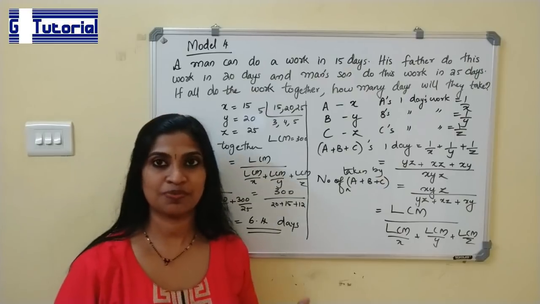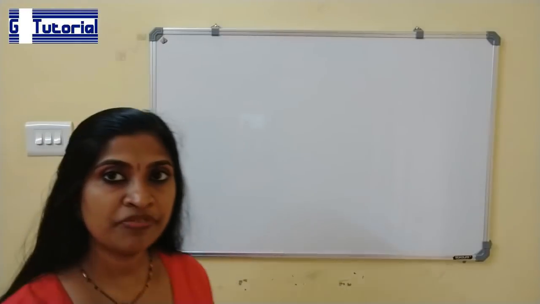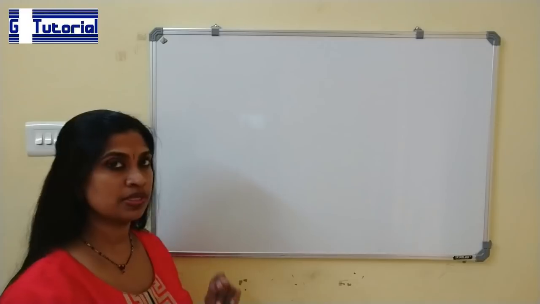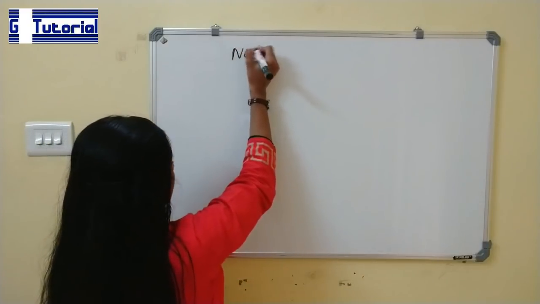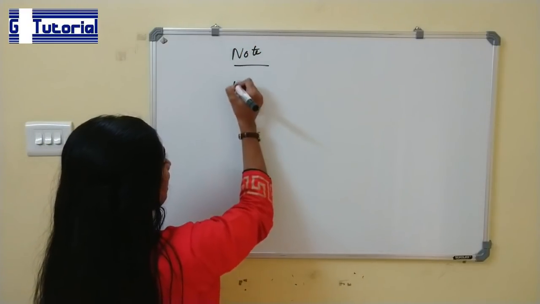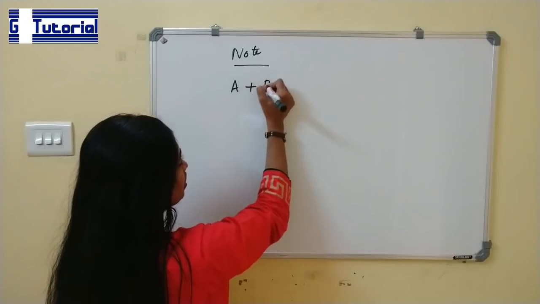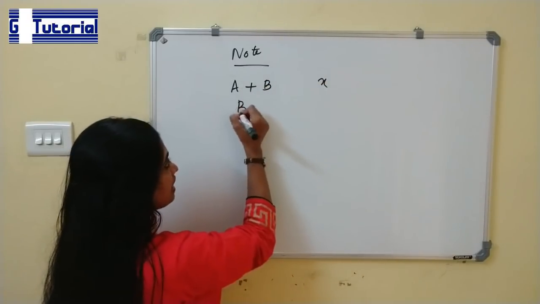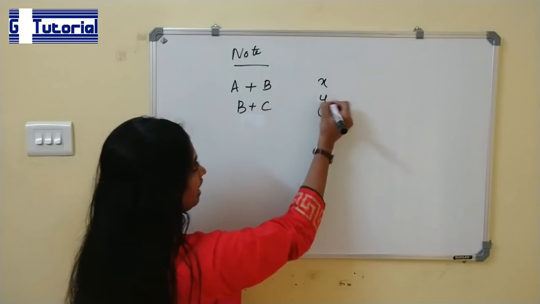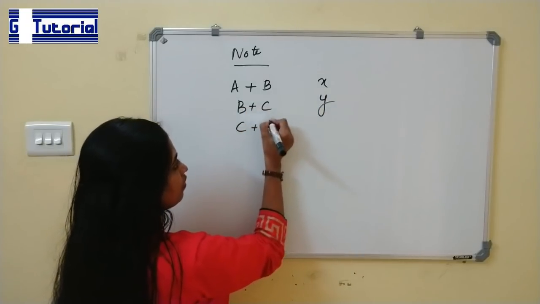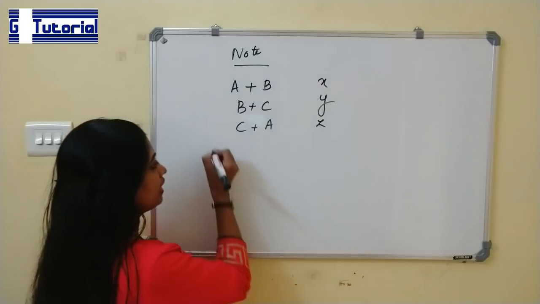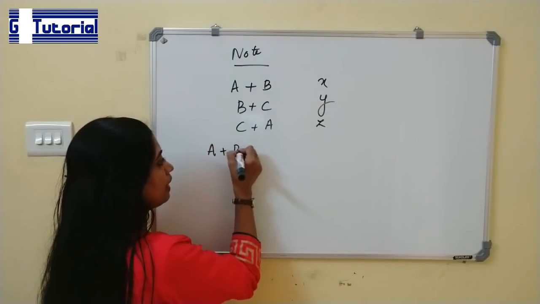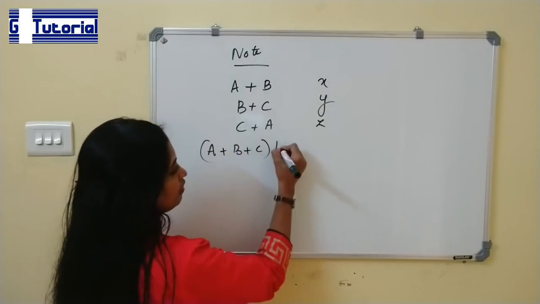Now we can do the next problem. Before doing it, we have to note something. If the question is like: A and B together do a piece of work in X days, B and C do the same work in Y days, C and A do the work in Z days, then in how many days do A, B and C together do the work?